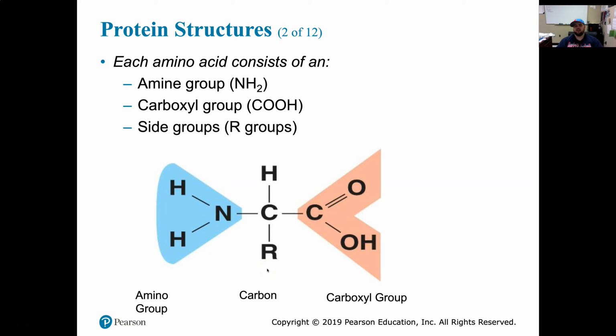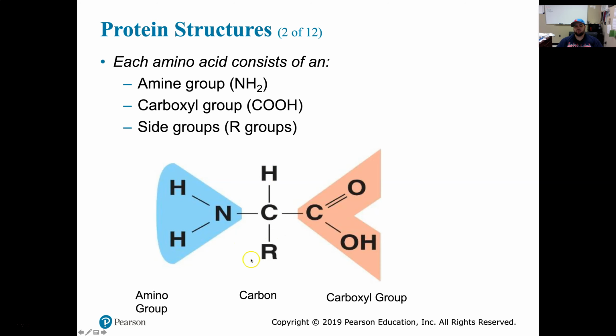R group simply stands for the remaining or side groups or the rest of the amino acid. It could be as simple as another hydrogen, or it can be really complex and have lots of ring structures. Like tryptophan, for instance, has like 3 or 4 rings. It's important to know that the general structure, though, always remains the same. Amino group, central carbon with a hydrogen attached to it, and a carboxyl group.